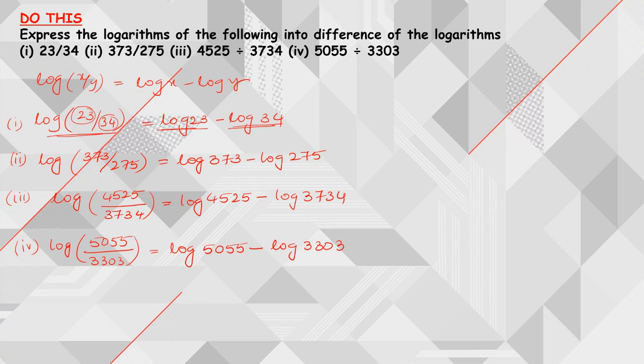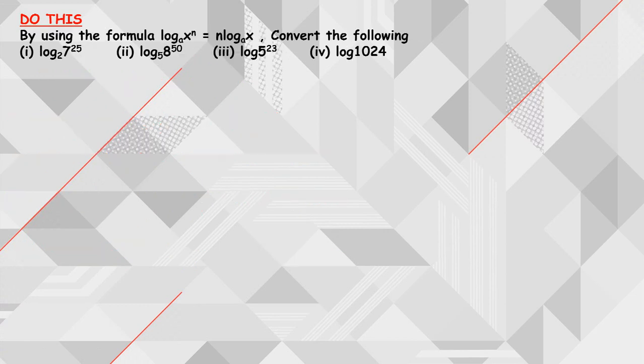Next, moving on to the next question. By using the formula log of x power n to the base a is equal to n log x to the base a, we call this the power rule or power law. So what is the power law? Whenever you have a power, that power will jump to the front.